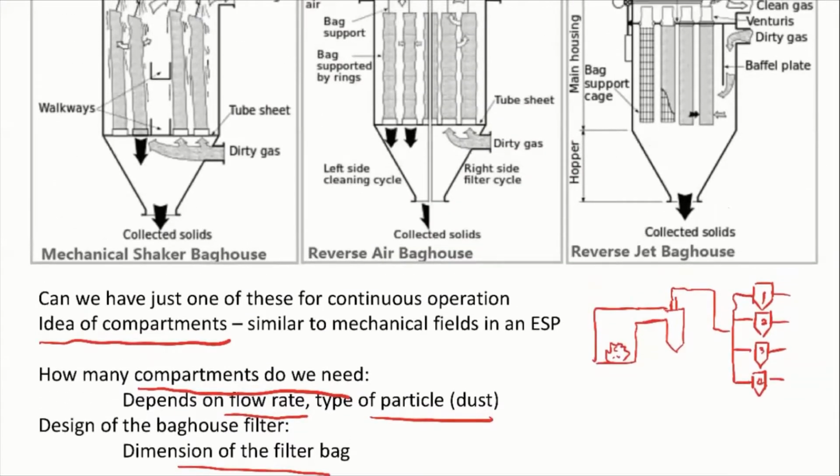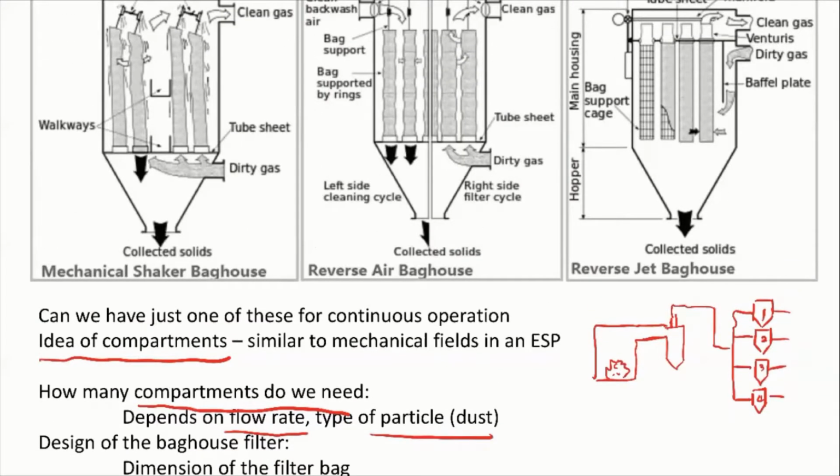So here we also mentioned that there can be multiple compartments of the filter. Let's say, for example, we're trying to clean compartment number 2 here. What that means is that we're just going to shut off this valve here and let the air go through the other baghouse filters, right? So the velocity, or the face velocity, going through the filter media will increase.